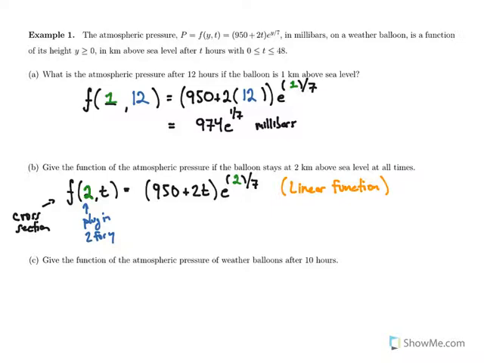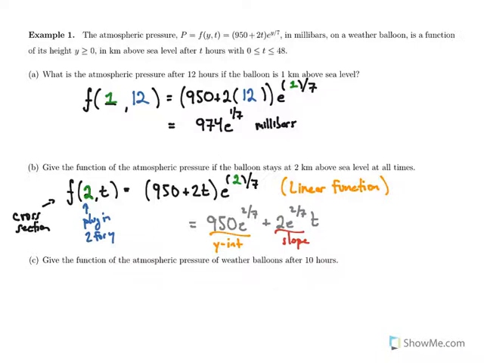Maybe we think about this as a linear function if we look at this as 950 e to the 2/7 plus 2e to the 2/7 t. This is our slope. This is our y-intercept. And in this case, it really is just a line.